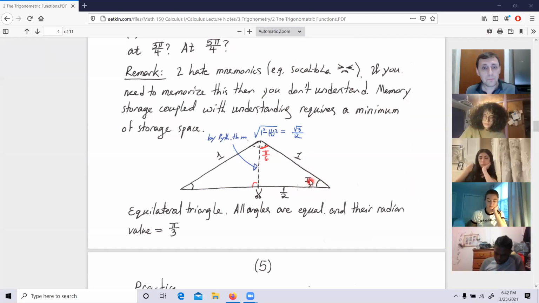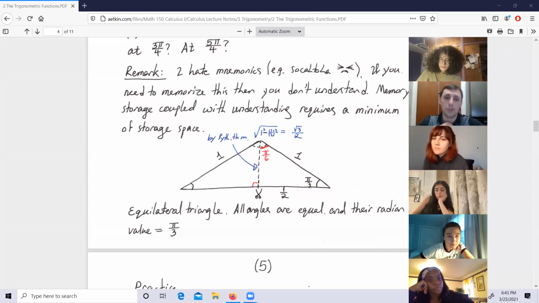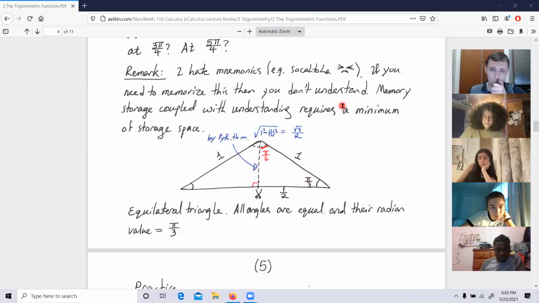So what about sine of pi over 6? What is sine of pi over 6? You can see it in the picture. Yes. Exactly. So you can just see opposite is 1/2 over hypotenuse. Good.